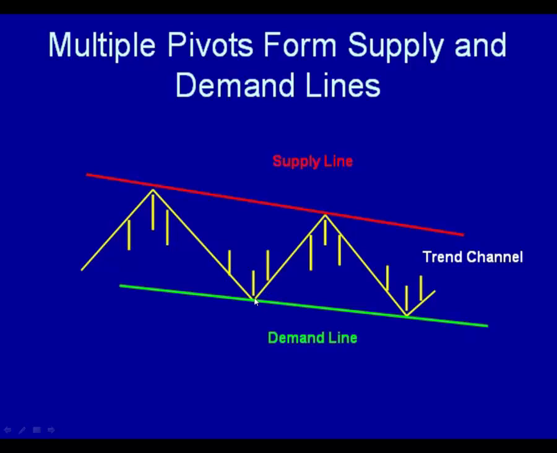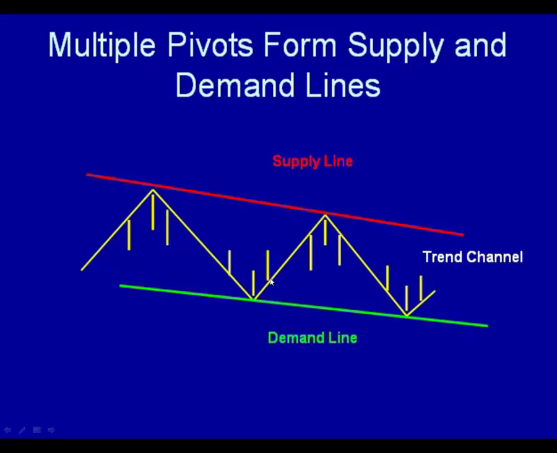Again, that's the point where supply dried up and demand was greater. Now, we don't know how much demand is waiting to buy at a price. We don't know how much supply is waiting to be sold at a price. We can only make inferences after we see the demand pushing price up and then being met with ample supply, and then it reverses. And the same thing on the supply side, where prices are being sold down to a point, and then the sellers dry up and the buyers want to buy.